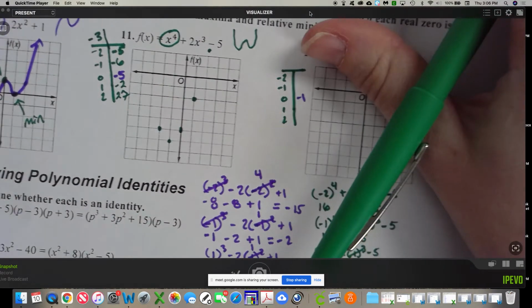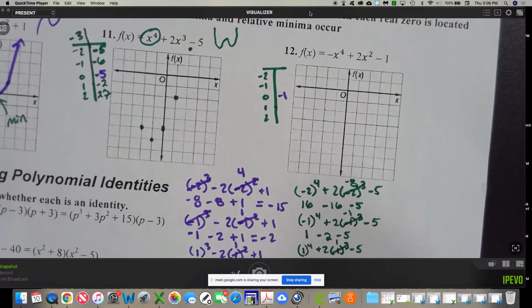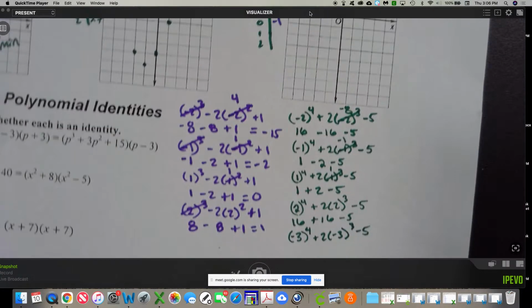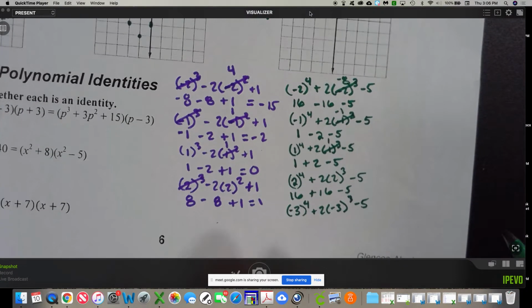-3 to the 4th power plus 2 times -3 to the 3rd power minus 5. Oh boy. -3 to the 4th power is 81.